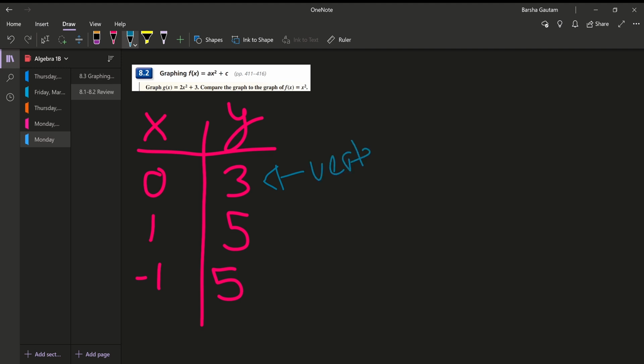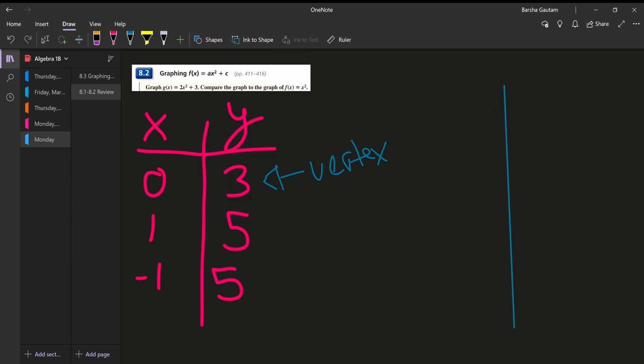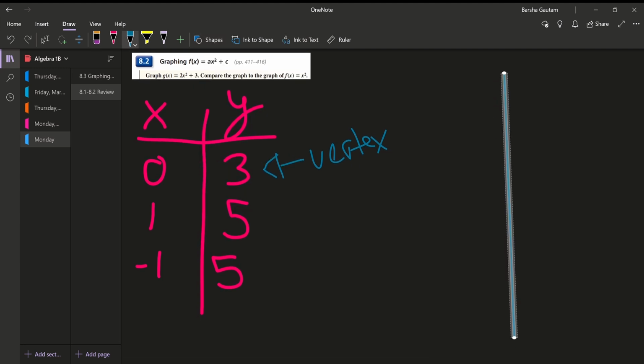Let me write that down here. And let's make our graph. Let's make it a little bit straighter. See if I can get a shape here. There we go. It's a little lopsided.